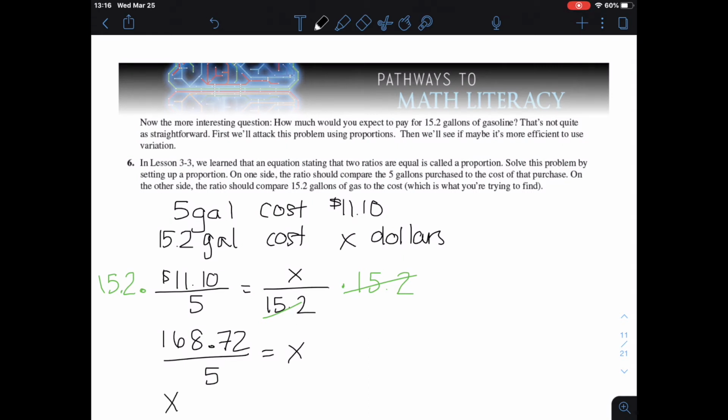So X is going to be around 33.74. So it's $33.74 for 15.2 gallons. Okay.